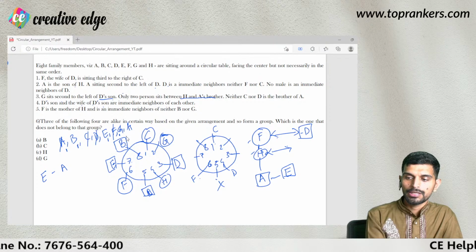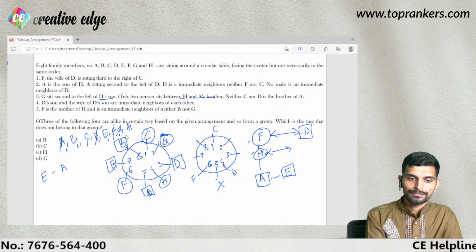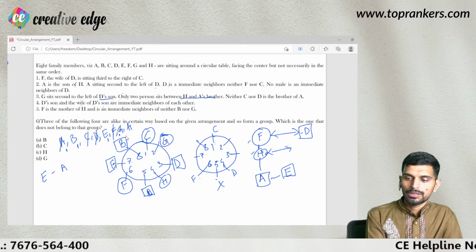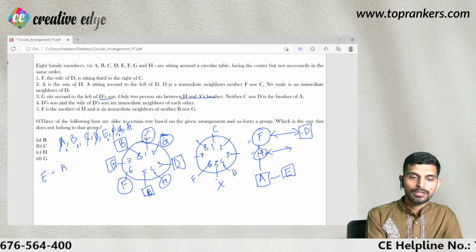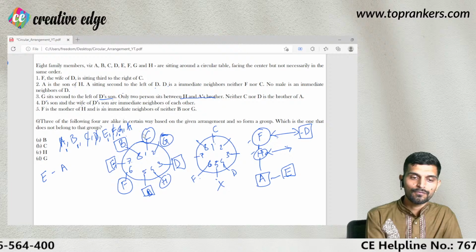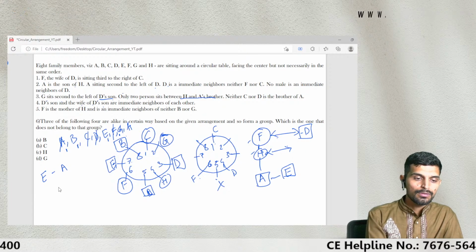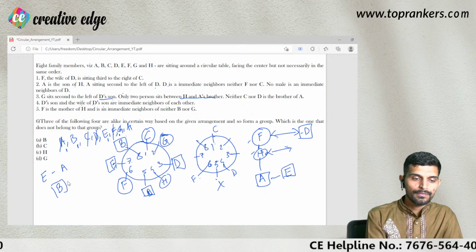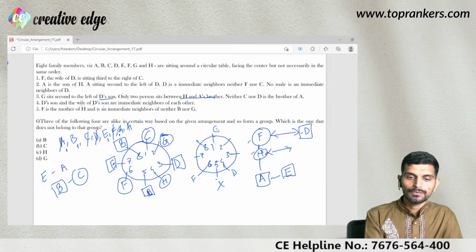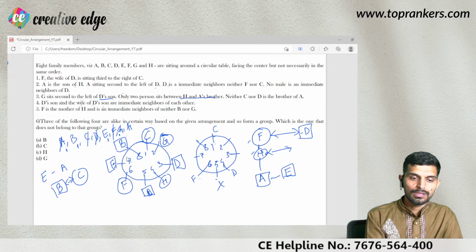B has to be D's son and C has to be wife of B. B is son of D, and B's wife is C, right?